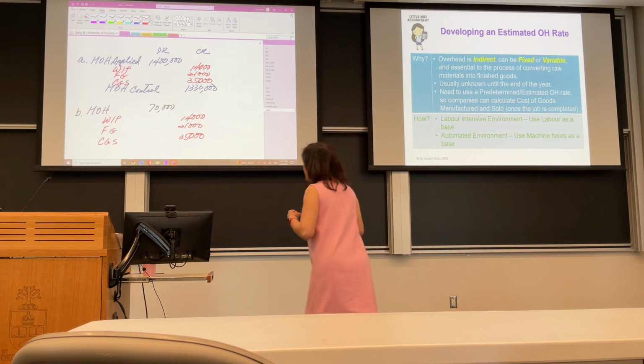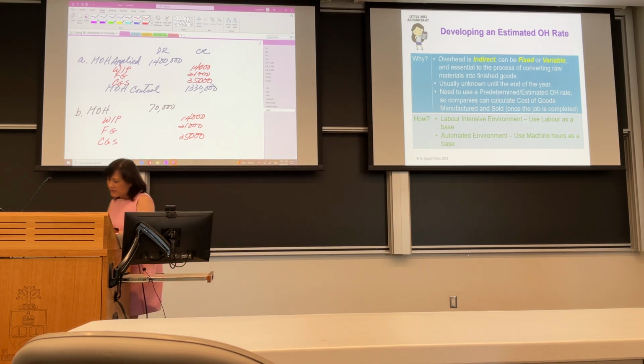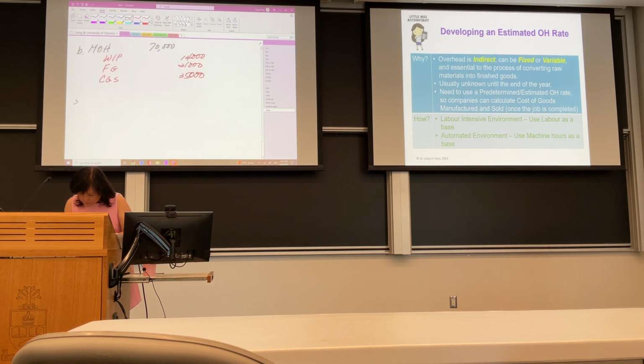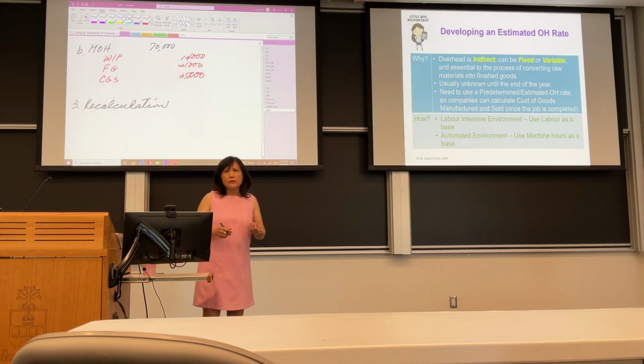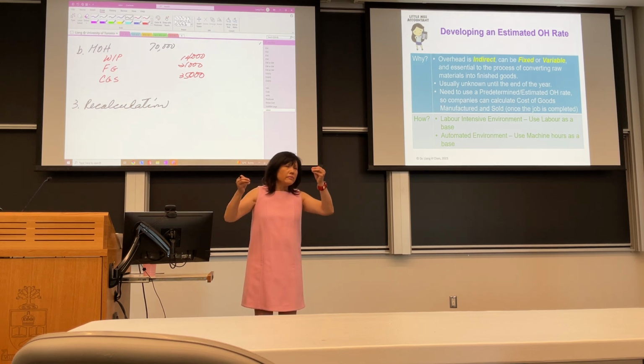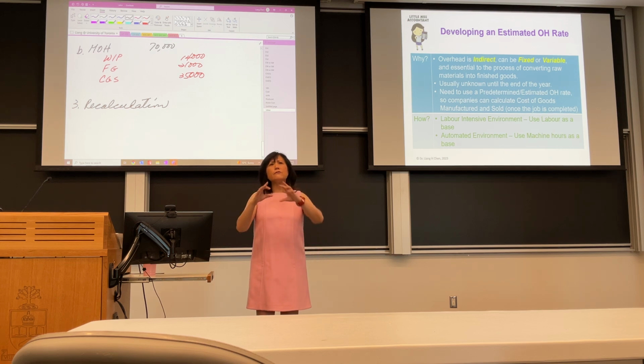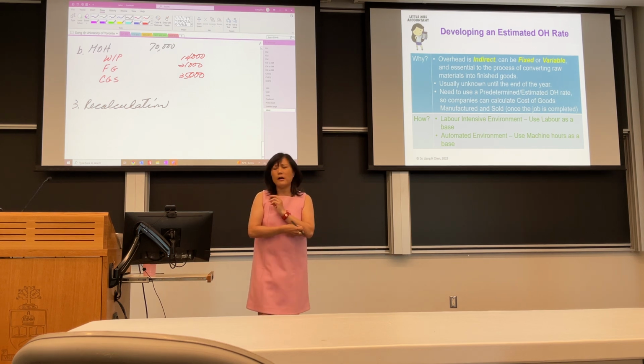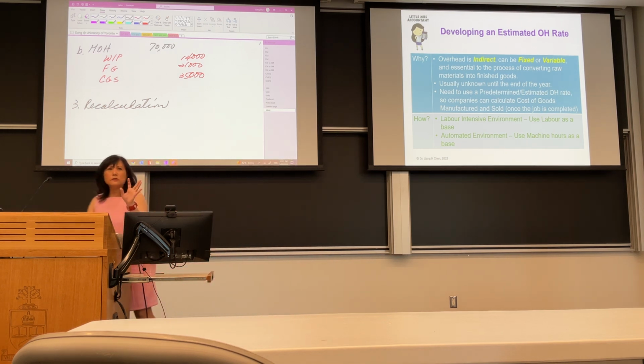So this is called recalculation. Number 3, recalculation. The recalculation will be most accurate, but very time consuming to do. Also, if you have lots and lots of jobs, you cannot do it. Only a few big projects you can figure it out. Okay, so I'm going to show you how to calculate this in a minute.